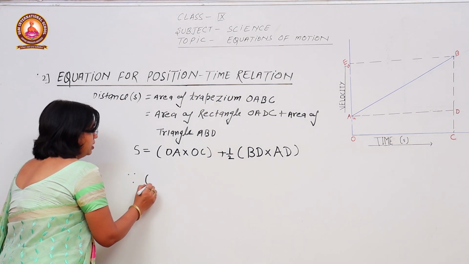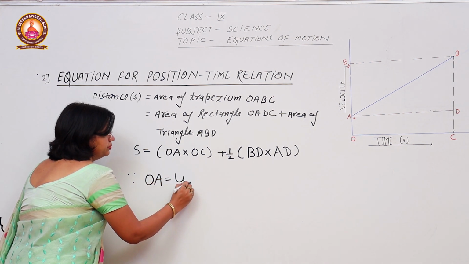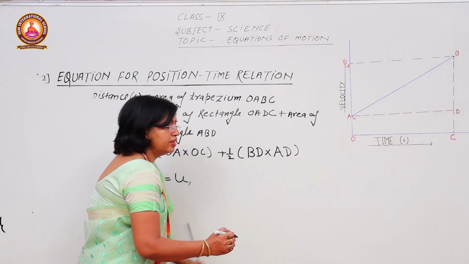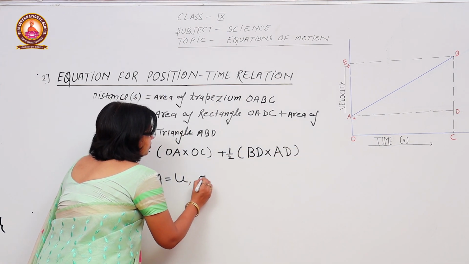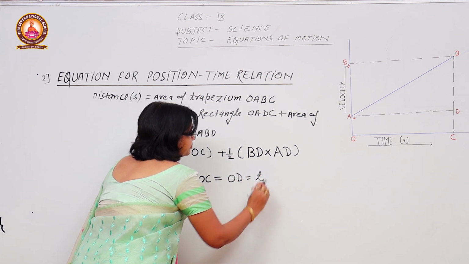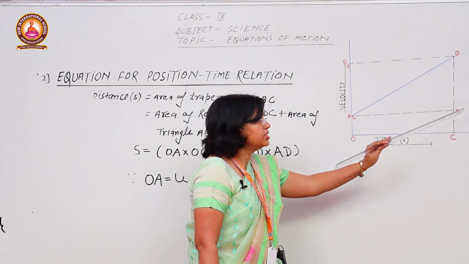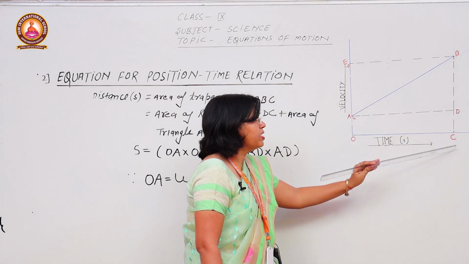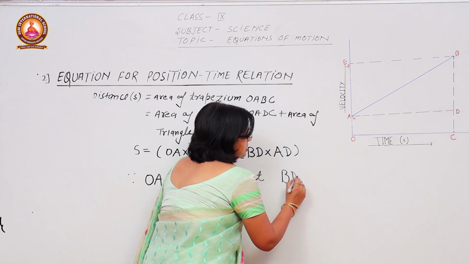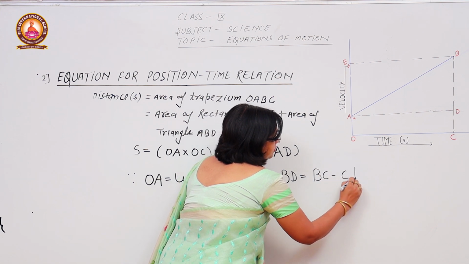Since we know the value of OA that is equal to U, OC that is equal to AD that is equal to T. From the graph, BD is equal to BC minus CD.